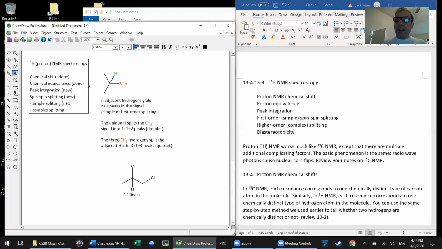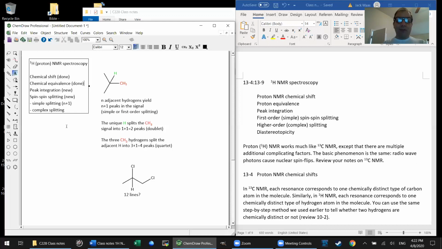I gave you a step-by-step method earlier in the chapter, whereby you change first one proton and then another into, let us say, a chlorine, and then you name the compounds. If the resulting names are the same, then the two protons are chemically equivalent. If they're different, then the two protons are not chemically equivalent.